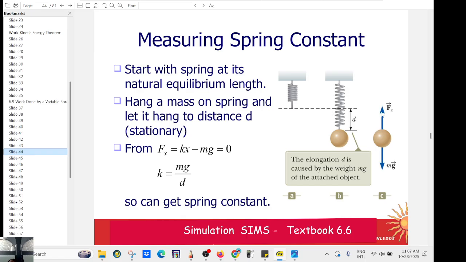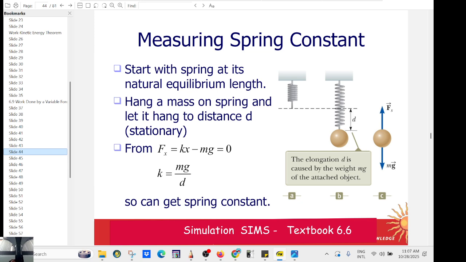That force here is the restoring force, so the spring constant. Up equals down. So you just have kx. X is the amount by which it's being stretched here, which is d. So k times d equals mg, and that's how you can measure the spring constant.